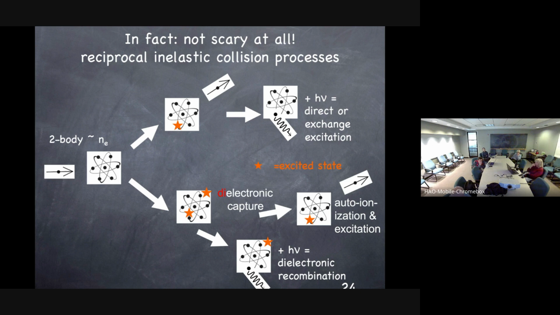Now let's take the lowest possible arrow there and go down to the final state here. So what happens there is we have the dielectronic recapture. We've got the electrons being grabbed, two excited states. One of those then radiates a photon, but we're still stuck with one of them in an excited state.